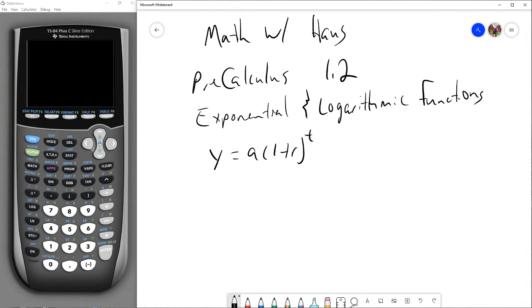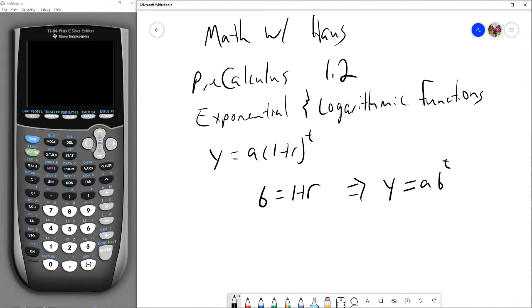Now, a lot of the time when you see exponential functions, they're not introduced in this manner. Instead, what is introduced is a term b, which is set equal to 1 plus r. So that makes our exponential function y equals a times b to the t power.